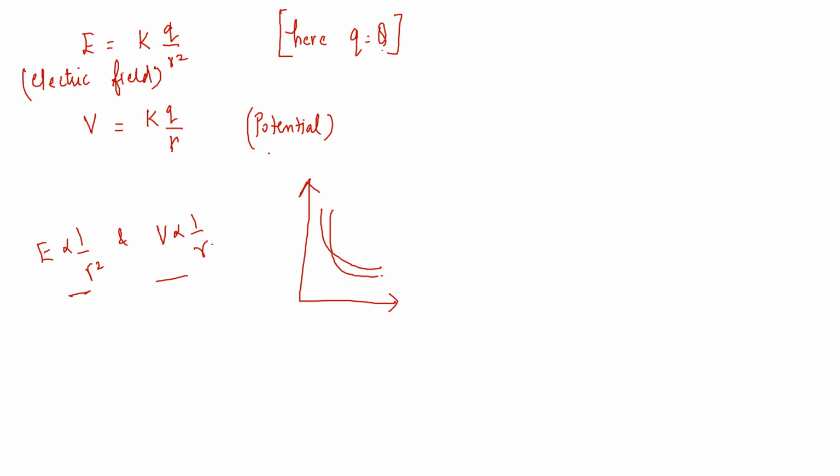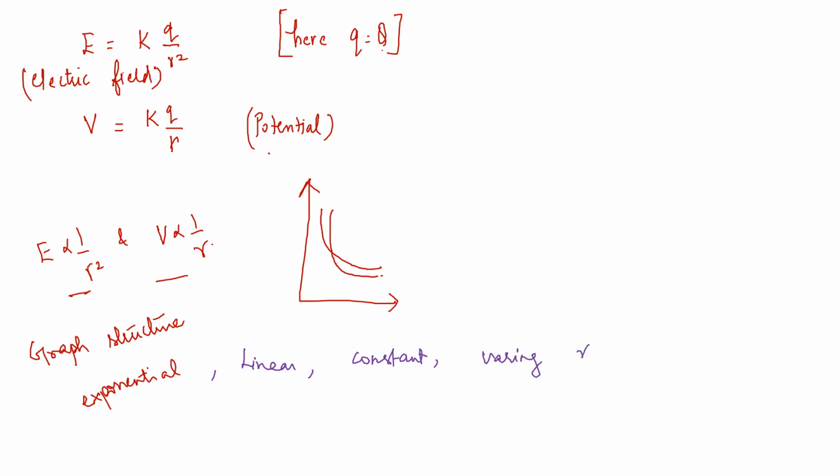With respect to entrance examinations, they usually ask which is exponentially decreasing, which is decreasing with respect to R square, and which is decreasing with respect to R. So one should know what the graph structure will be: exponential, linear, constant, varying with R square, R cube, R, or 1 by R square, 1 by R cube, 1 by R, something like that.